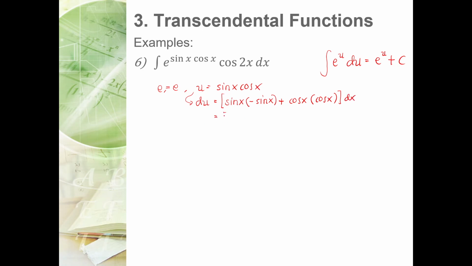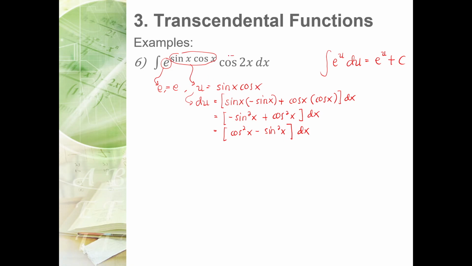So you have negative sine squared x plus cosine squared x dx. Rearranging the formula so that your negative sign is on the second term, you have cosine squared x minus sine squared x dx. Notice that we have replaced e here, and we have replaced sine x cosine x with your u parameter.